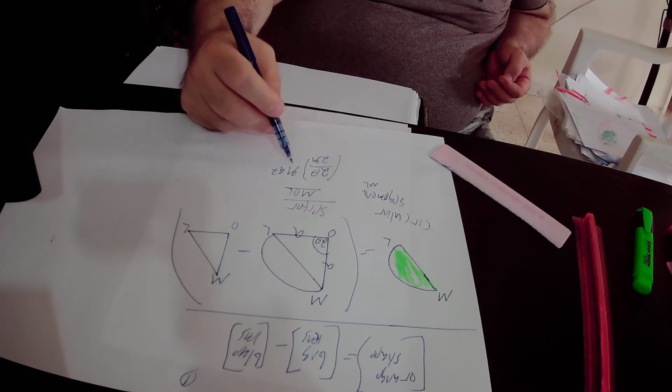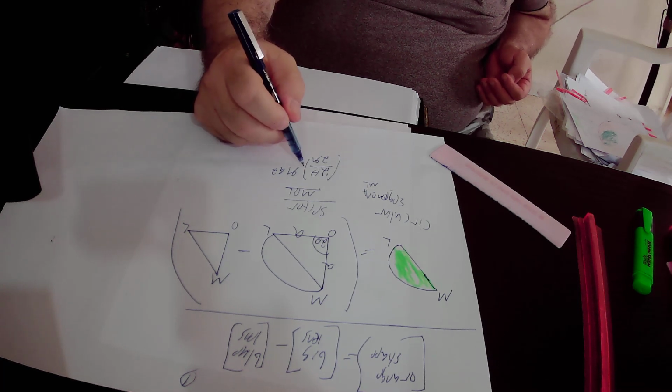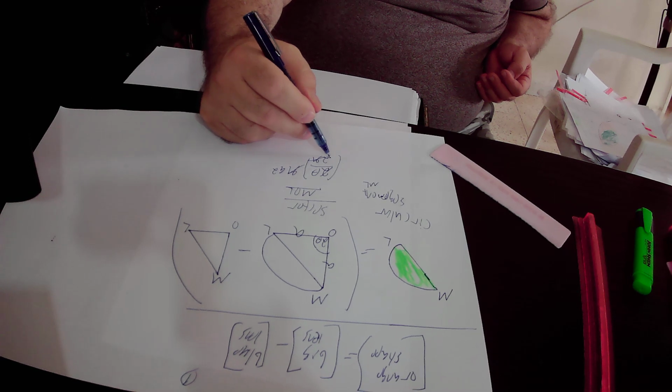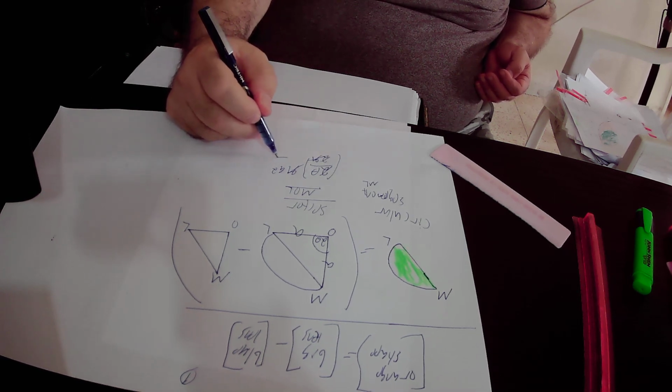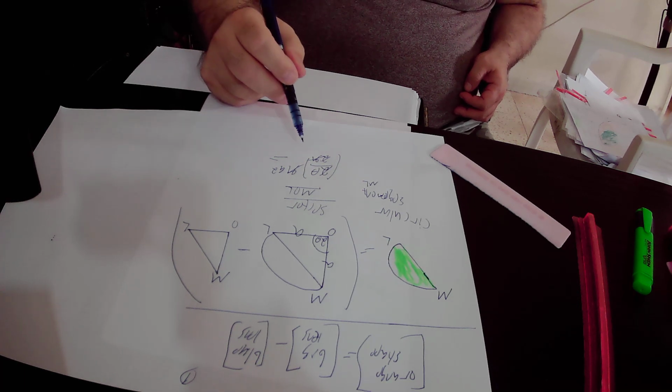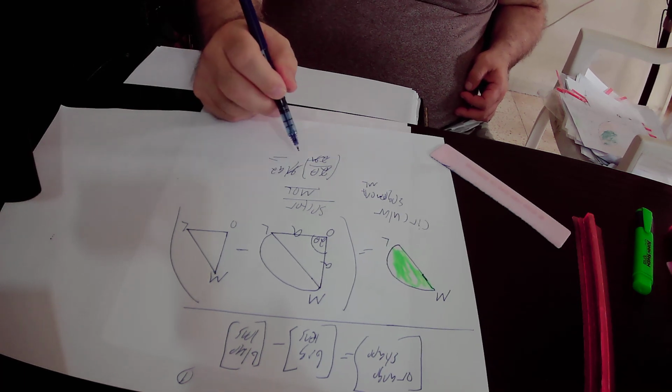So here we have pi in the numerator and pi in the denominator, so pi will get cancelled. We have 2 in the numerator and 2 in the denominator, so 2 also will get cancelled. So in conclusion, the area of sector MOL equals theta a square.